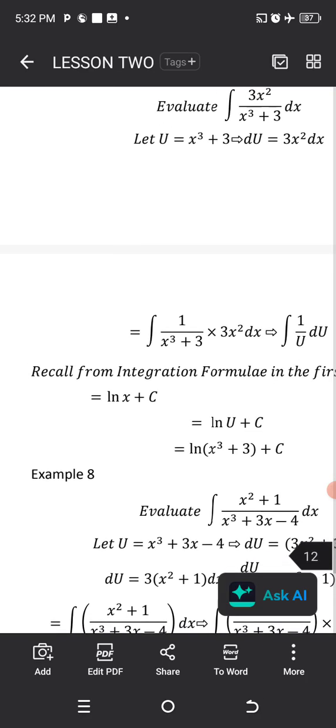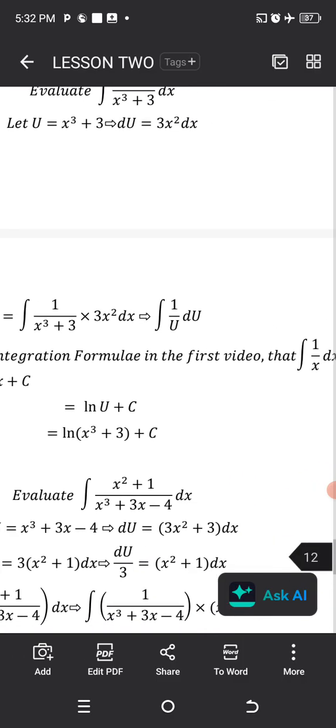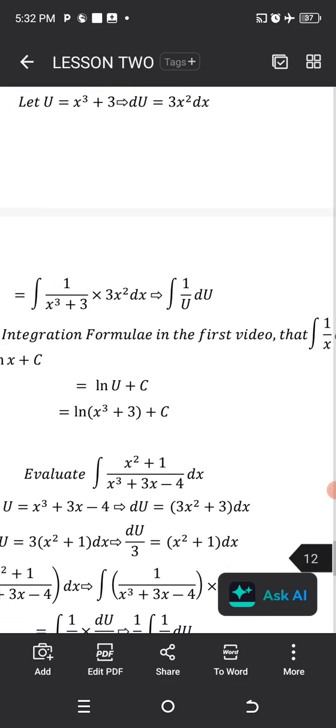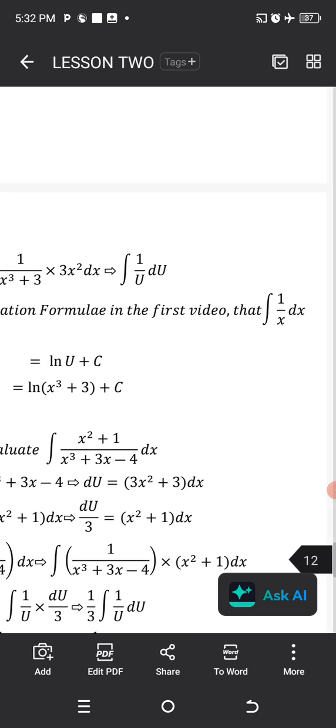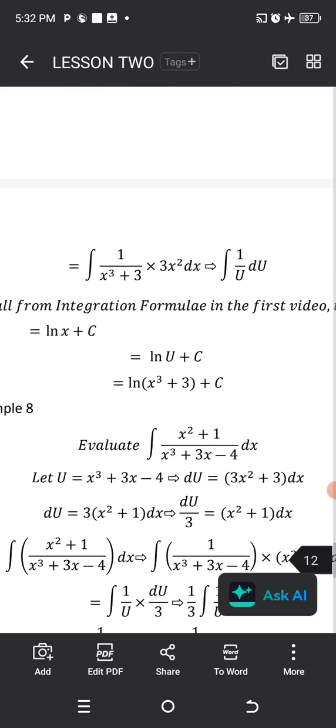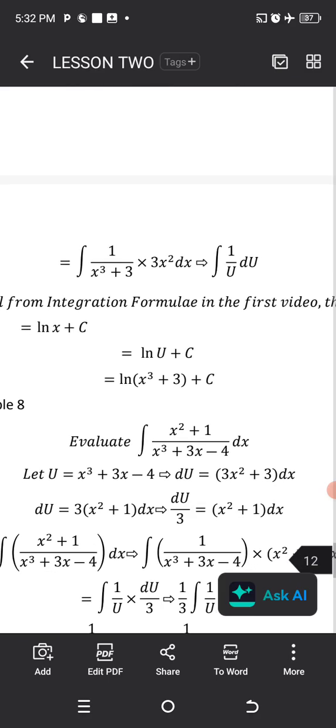Then you integrate, and recall the integration formula: when you want to integrate 1 over x, you have ln x plus c. That was why the integration of 1 over u du also results in ln u plus c.